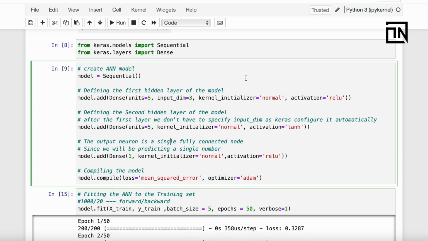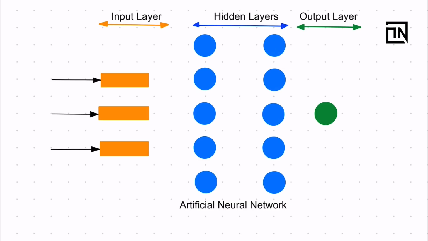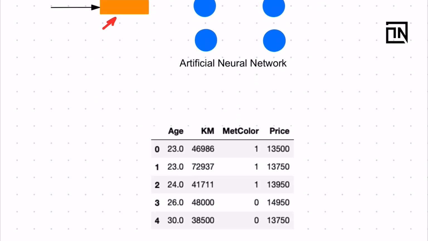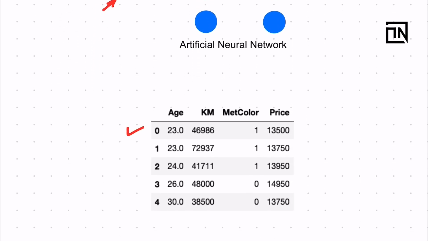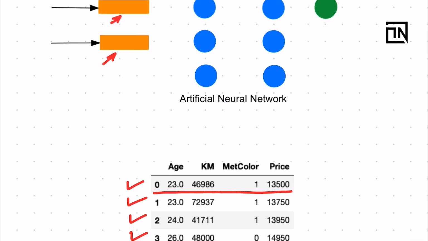If you create a diagram for this neural network, it will look like this. Notice that I am representing the input layer as rectangles to show that these are just placeholders. When the data is given to this neural network to train, it passes every row of data through the network one by one. Taking the first row as an example, how will it pass through the network?